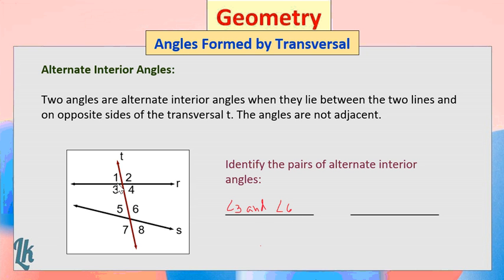Both angles are between the two lines and they are not adjacent. Next, we also have angle 4 and angle 5. They are on the alternate sides of the transversal. They are between the two lines and they are not adjacent.